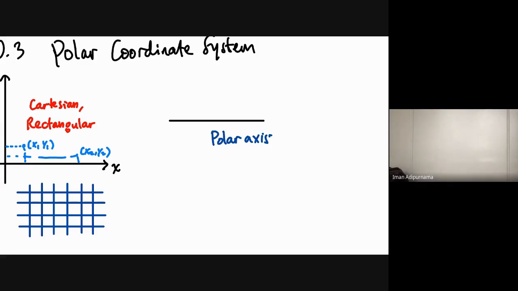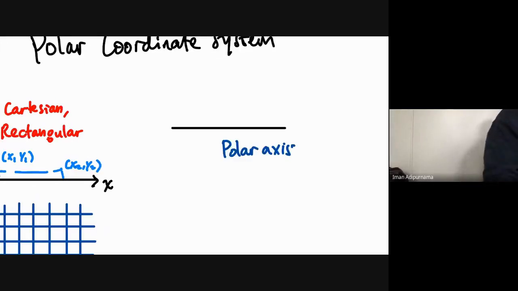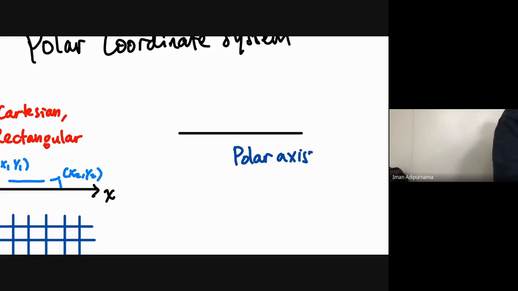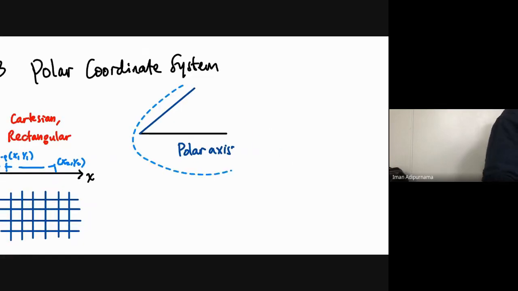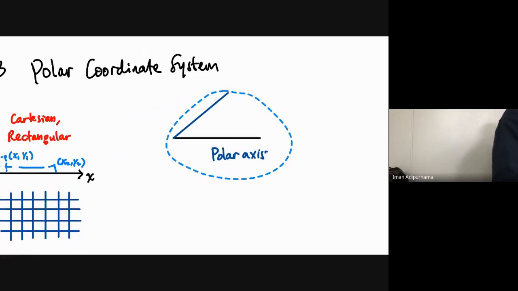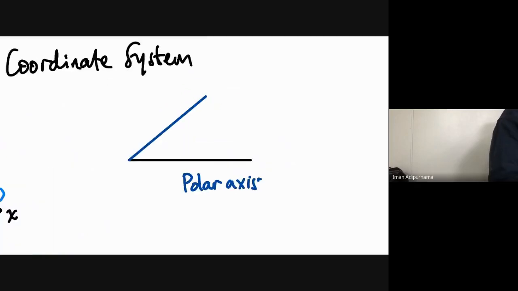Let me make some line here, and let me move to the right side. And let's say we have the angle theta. And let's say we have this point P.